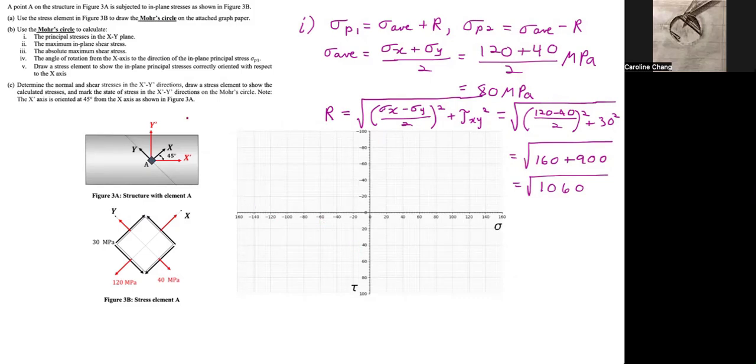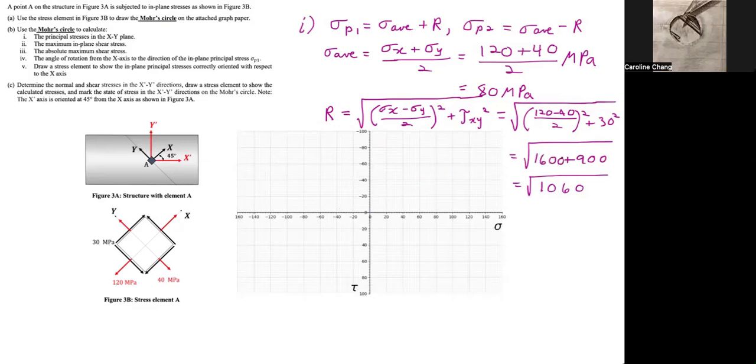Actually, I just discovered that I did this part wrong. So 40 squared is not 160, it is 1,600. Also, 120 minus 40 is 80, and 80 divided by 2 squared is equal to 1,600.